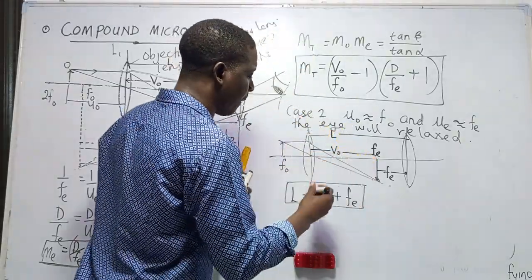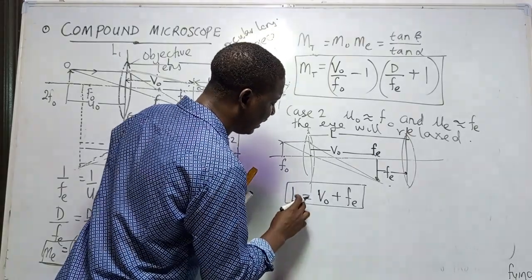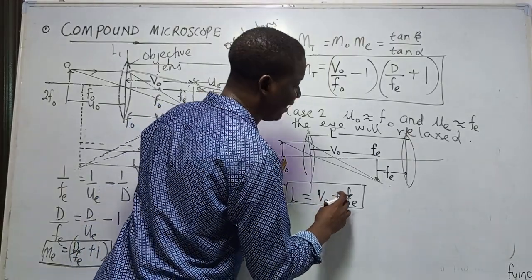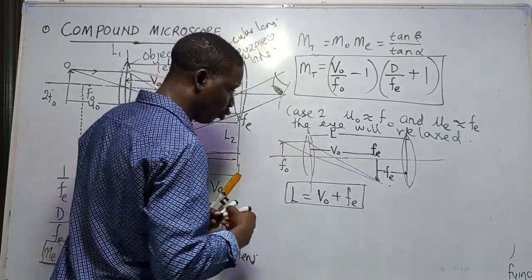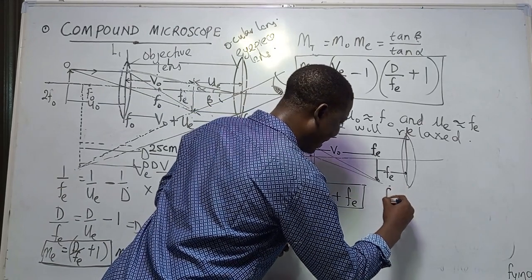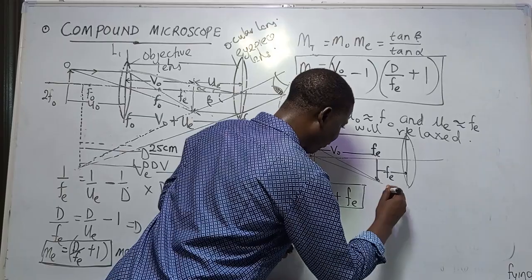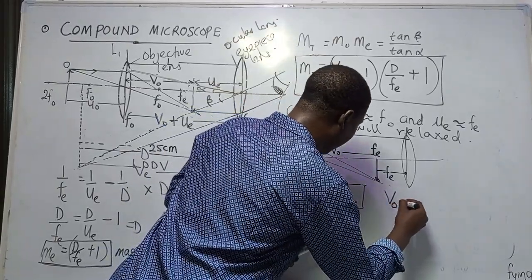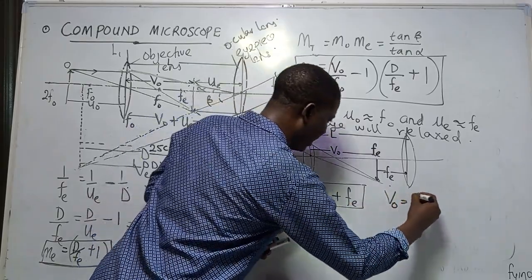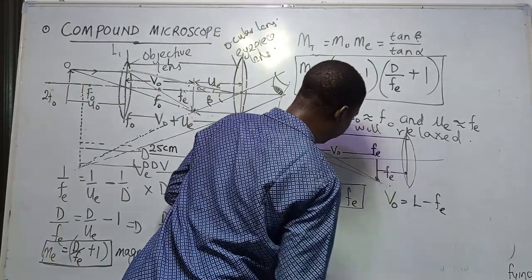So in that case, our L is equal to V naught plus Fe. That means V naught will now be equal to L minus Fe.